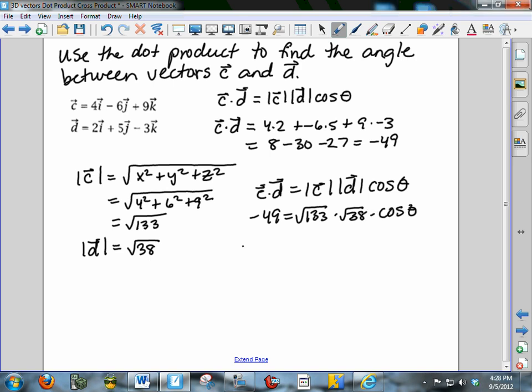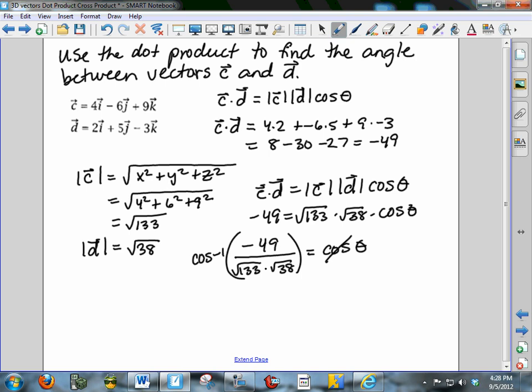So what I'm going to do on my calculator is take -49, divide it by the product of these two vectors multiplied together, the square root of 133 and the square root of 38. That's equal to cosine theta. So inverse cosine of all of this is equal to theta. And that's how you find the angle between the two vectors.